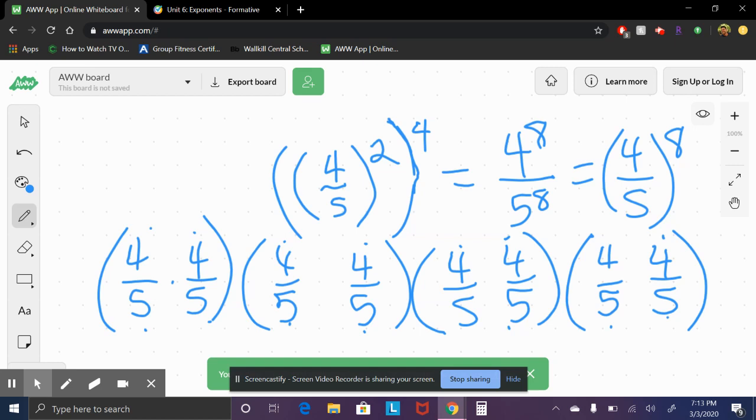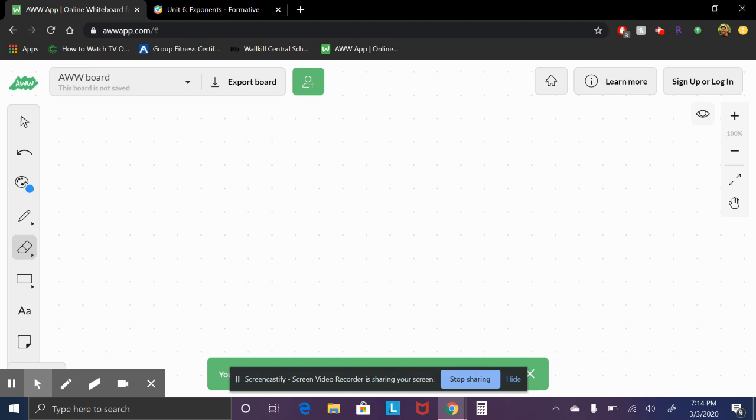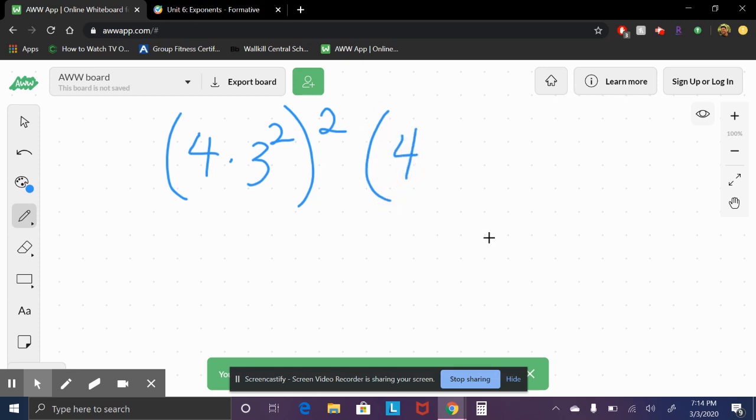Let's look at when you have different types of bases. For example, let's see, when you have 4 times 3 to the second, to the third, times 4 to the third times 3 to the fifth.